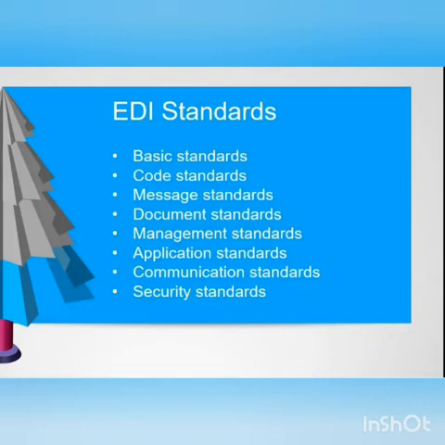The EDI standard is mainly divided into the following aspects: basic standards, code standards, message standards, that is message delivery standards. Standards is nothing but format. Document standards, management standards, application standards, that is what software we are using, that software standard, then communication standards and security standards. So, based on all these aspects, EDI standards are given. That's why we have two main types of EDI standard, that is EDIFACT and ANSI X12.